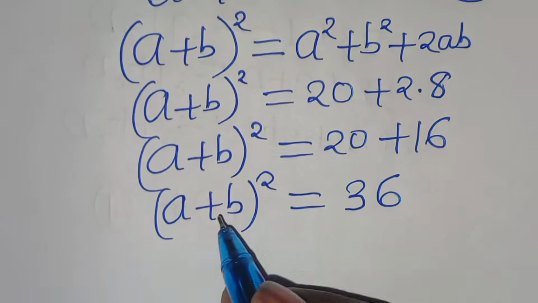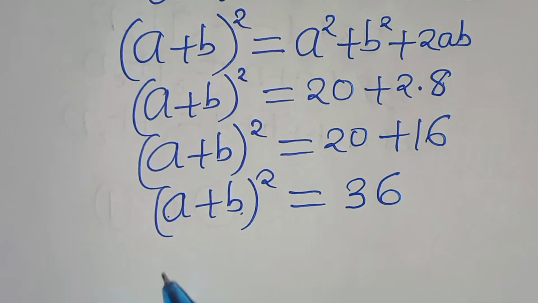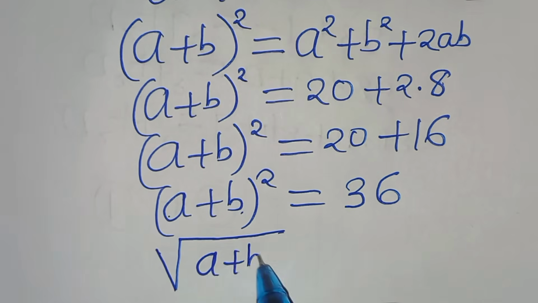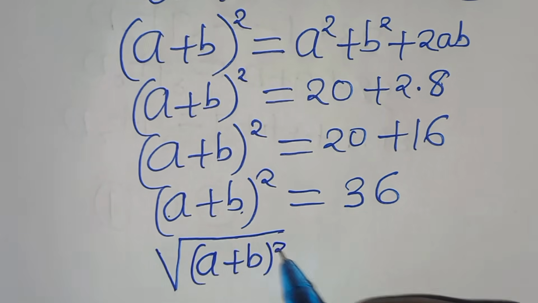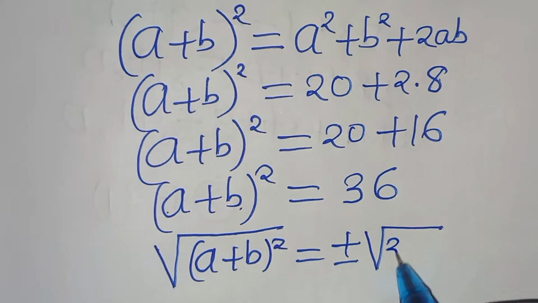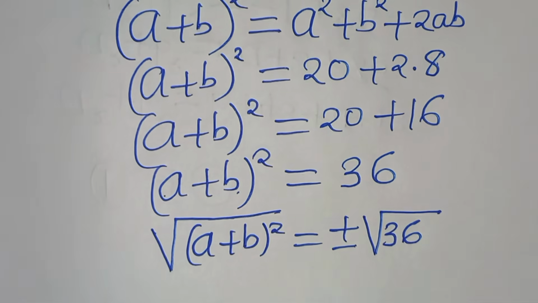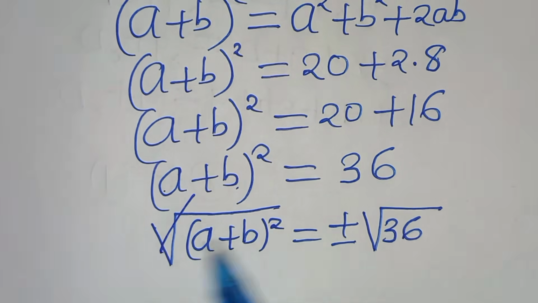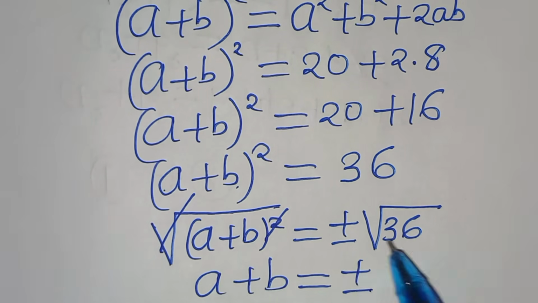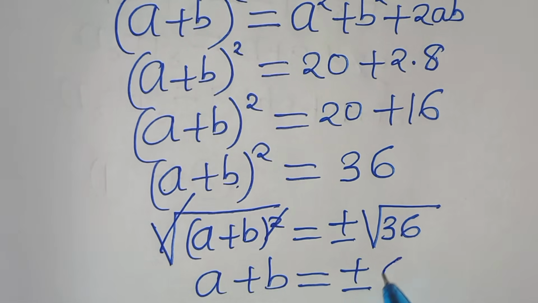Now, to solve for a plus b here, let's introduce a square root on both sides. We have the square root of a plus b raised to the power of 2 equal to plus or minus the square root of 36. So let's eliminate the square root sign here so that a plus b is equal to plus or minus the square root of 36, which is 6.